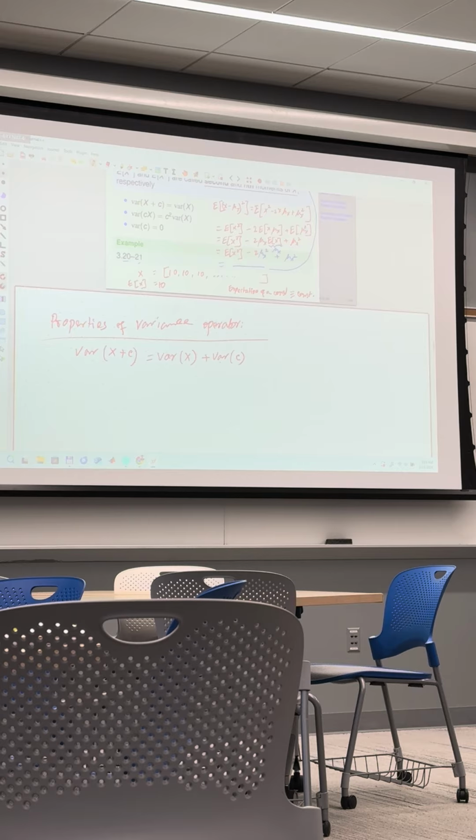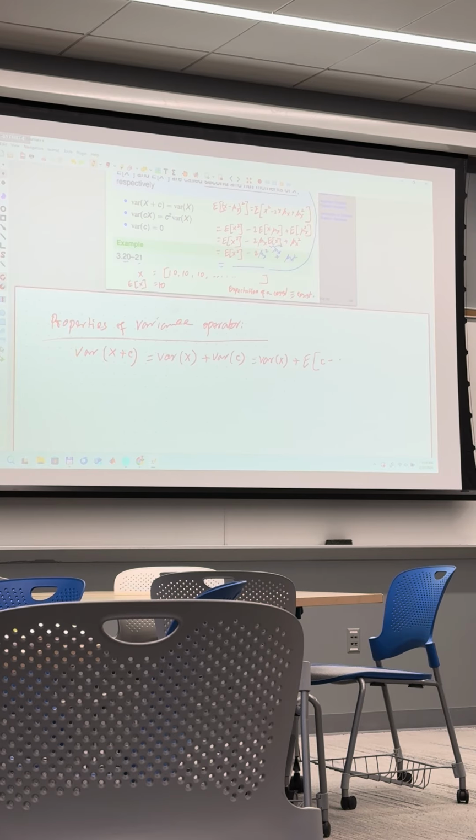So what is the variance of a constant? It is basically the expectation of constant minus the mean of the constant, which is also the constant, squared.